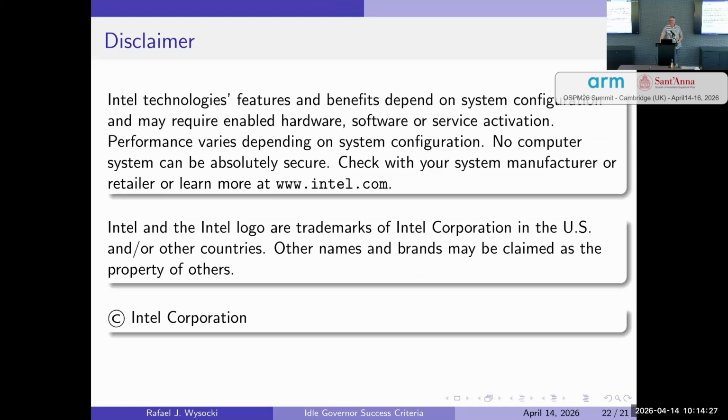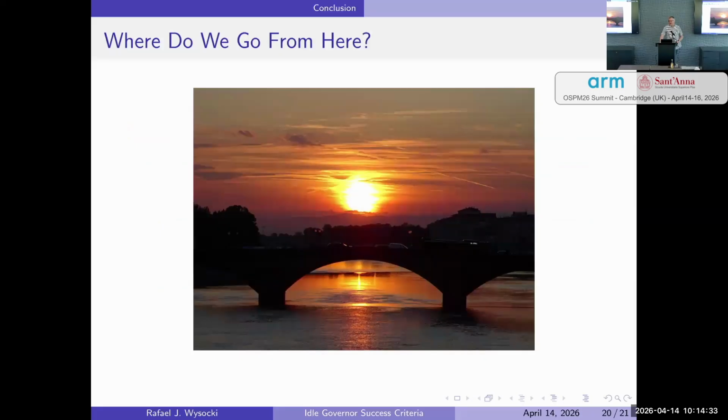We have a question. How is the future idle time estimated? It is based on the idle times from previous iterations, so the statistics are collected essentially. We also look at the timer, like we know the next timer. So the menu governor does look at the timer, right?